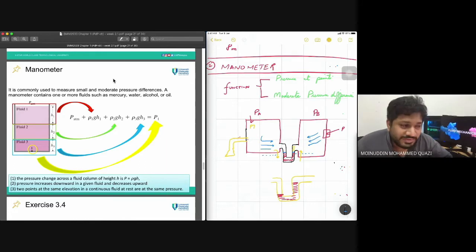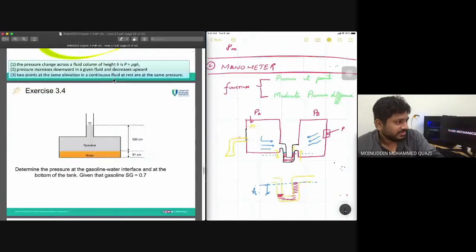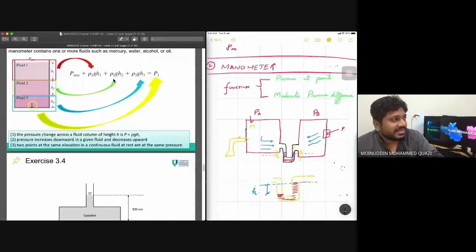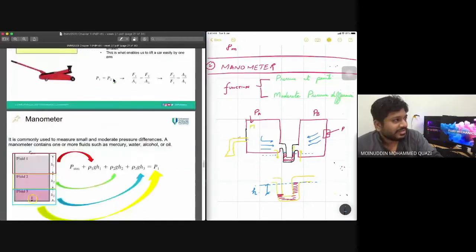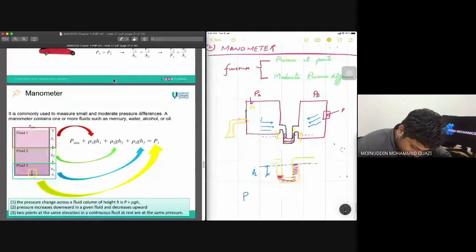How much did it move up? You can see the difference. The fluid moved up from here to here, this distance h. So the manometer is a device which can measure a difference in fluid pressures. So it can measure P A minus P B.